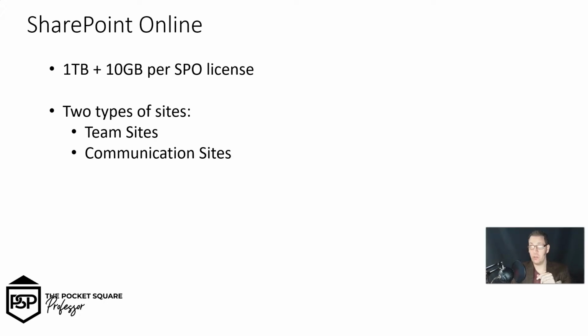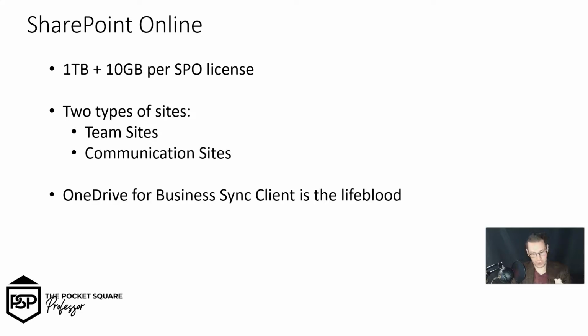Now, very similar to the way that OneDrive for Business works, the sync client is also the lifeblood of SharePoint Online. SharePoint Online allows us to sync document libraries, and those document libraries are essentially the locations inside of SharePoint sites. Okay, so team sites have document libraries. Document libraries, as the name implies, are where all the documents go.